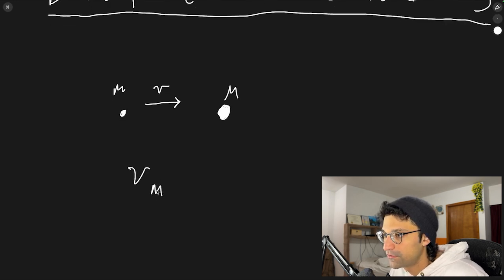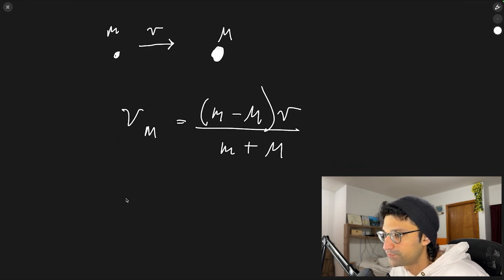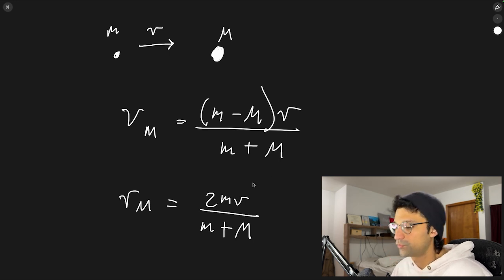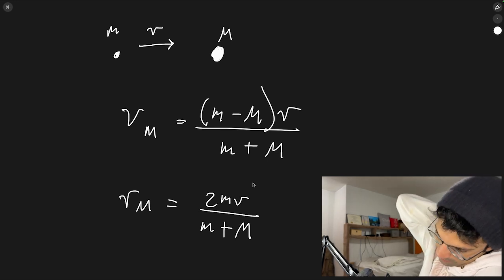So the final velocity of little m after the collision is going to be little m minus big M times v over little m plus big M. And then the velocity of big M is twice mv over small plus big, okay? So what are the special cases that are begging to be checked?